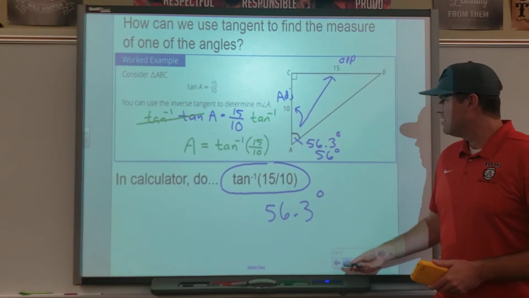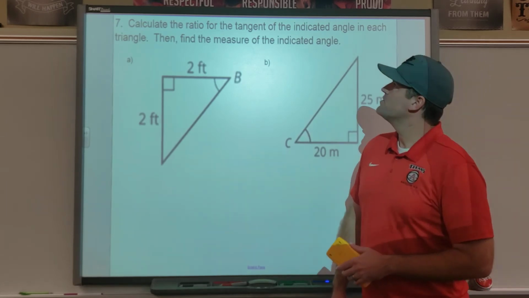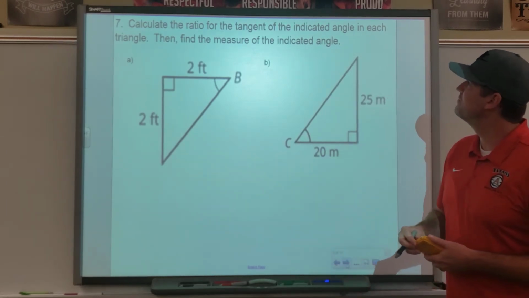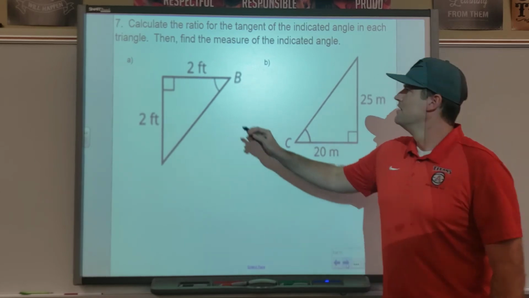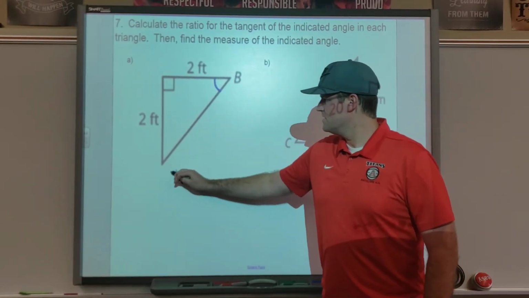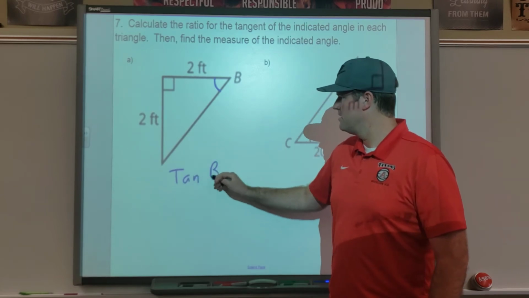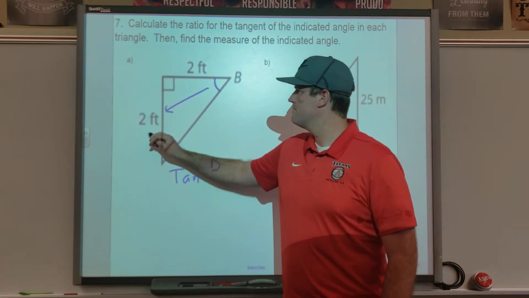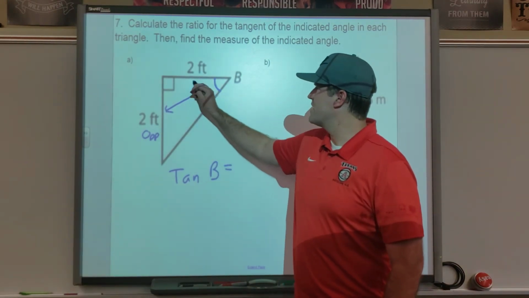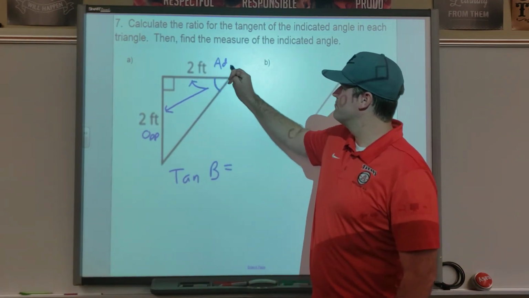All right. Calculate the ratio of the tangent of the indicated angle, then find the measure of the indicated angle. Long way of saying tangent B equals what over what? Well, it's going to be opposite over adjacent, which in this case they're the same numbers.